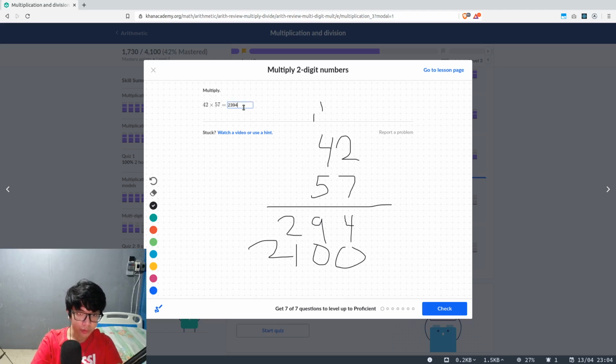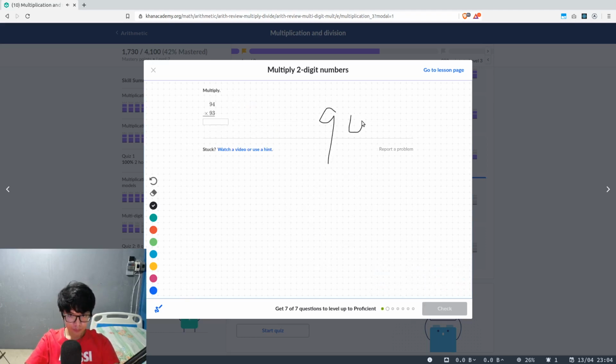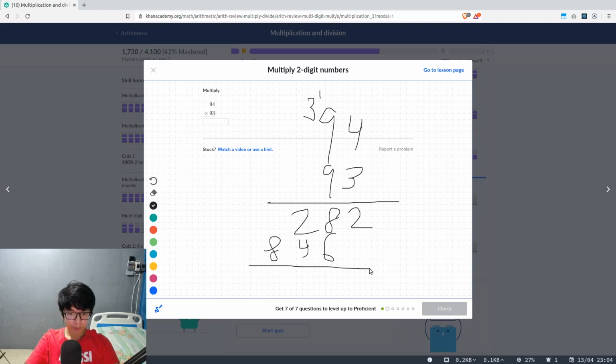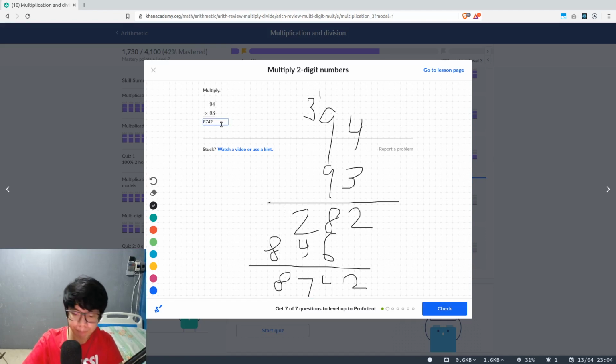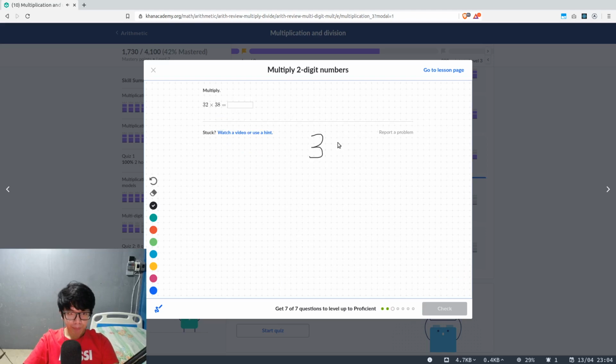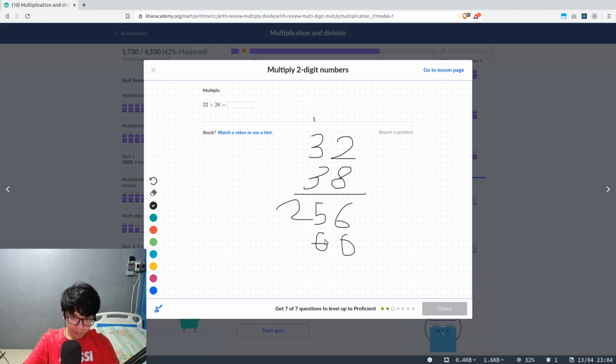Two, 3, 9, 4. Oh shit, is this 0? Yeah, it is 0. And 6.